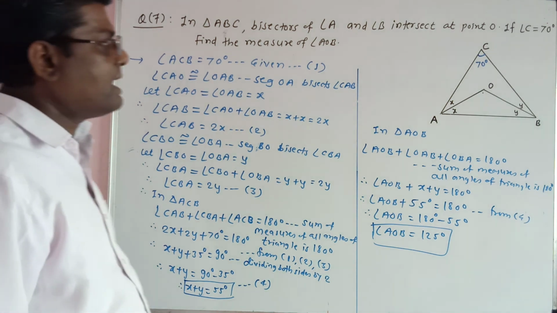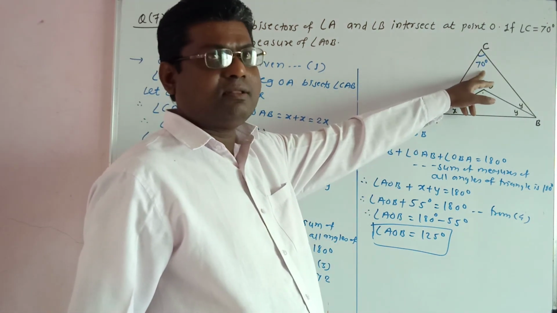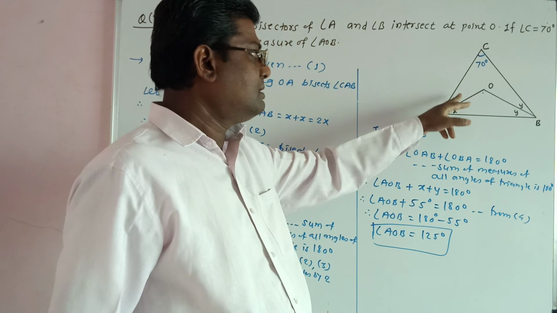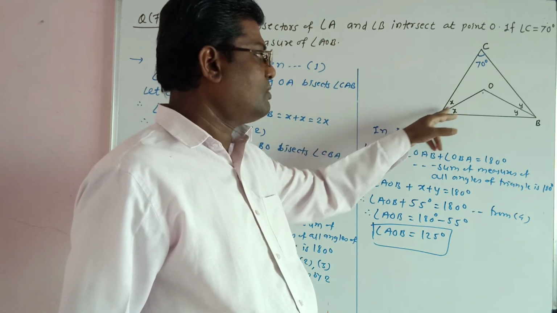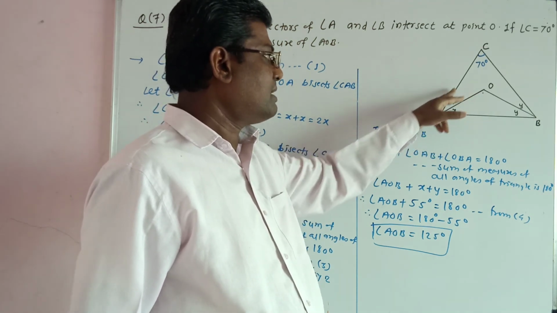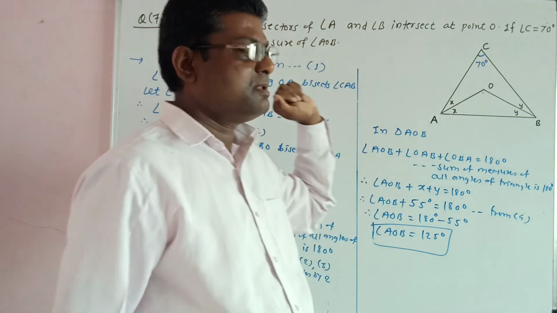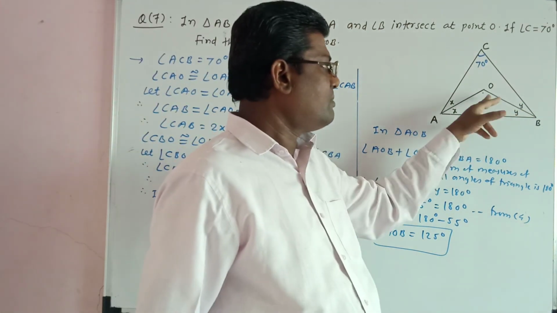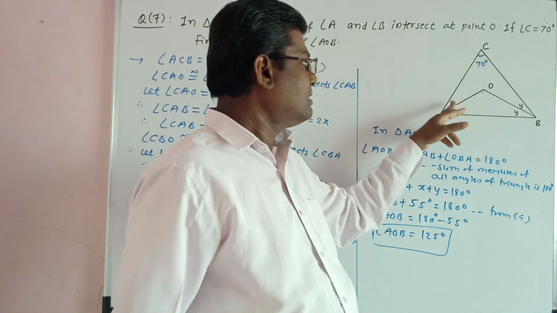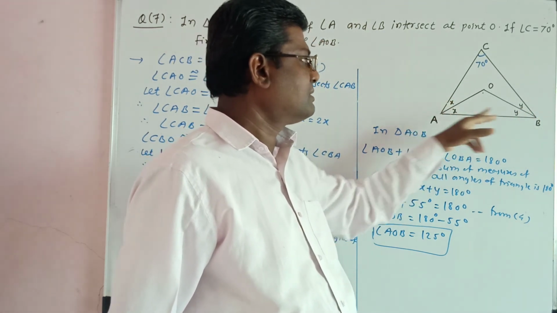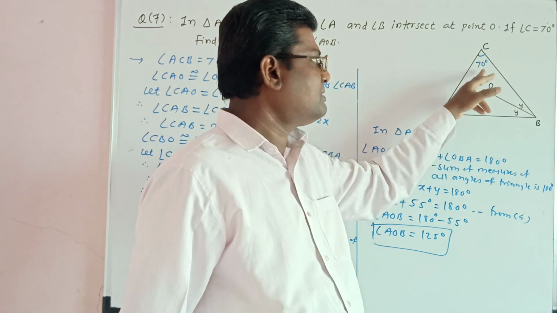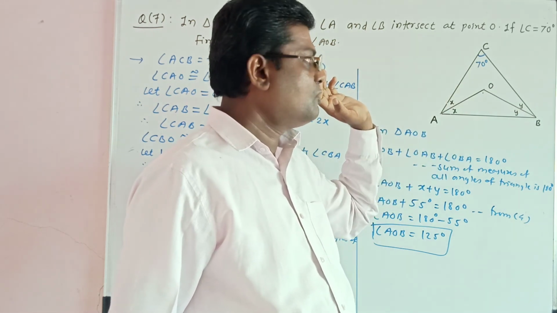Let's see once again. This angle is given as 70 degrees. These two angles are equal because AO bisects this angle, and these two angles are equal because BO bisects this angle. Then x plus x, 2x, plus 2y plus 70 degrees is equal to 180 degrees.